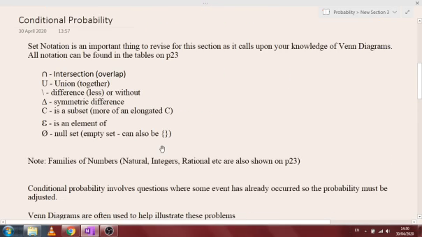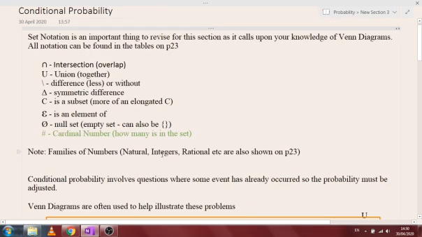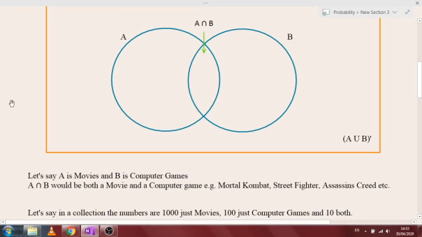We can fill in those numbers. So we have 1,000 just movies, 10 both, and 100 just computer games. So there are different sections.